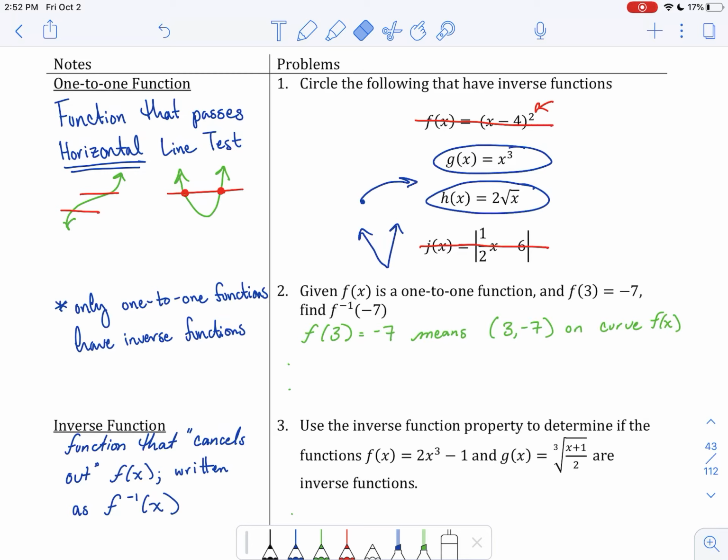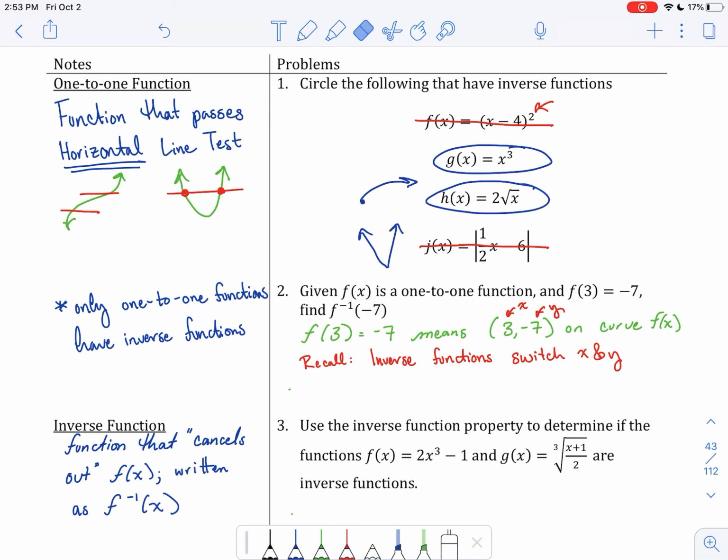Now f of 3 equals negative 7 means that the point 3, negative 7 is on the curve f of x. We reviewed this a little bit in the first lesson of the week. Now, what most students do remember about inverses is that they switch x and y. Well, if we look here, we have 3 as an x value and negative 7 as the y value.